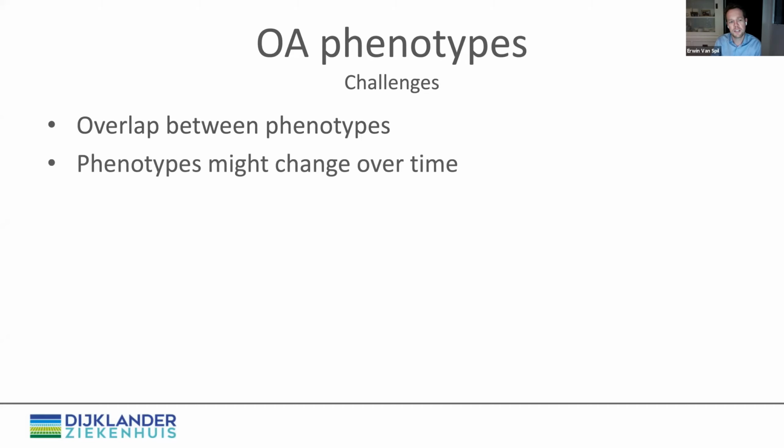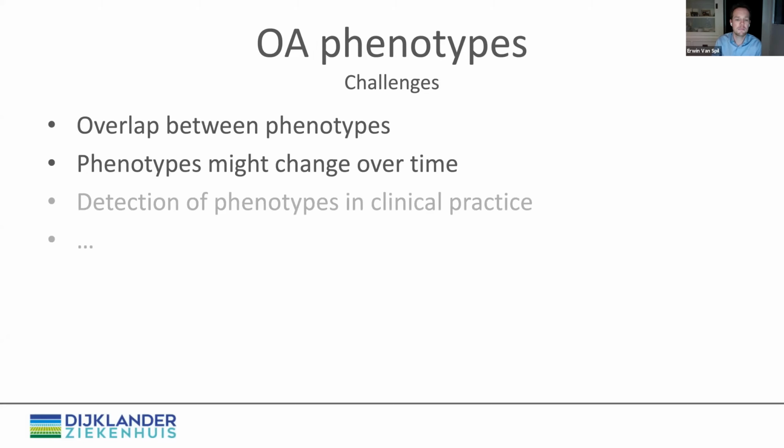Another challenge I might think of is that phenotypes might change over time. Phenotypes might differ between disease stage. So should we investigate patients every time again for the presence of a particular phenotype? And should we adapt treatment to that all the time? And as I mentioned in the APPROACH trial, how to translate data from research to clinical practice.